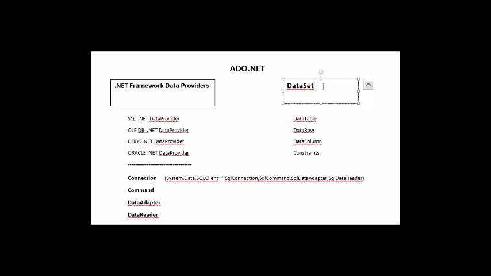As a result, it can be used with multiple and differing data sources, used with XML data, or used to manage data local to the application. The DataSet contains a collection of one or more DataTable objects consisting of rows and columns of data, and also primary key, foreign key constraints, and relation information about the data in the DataTable objects.